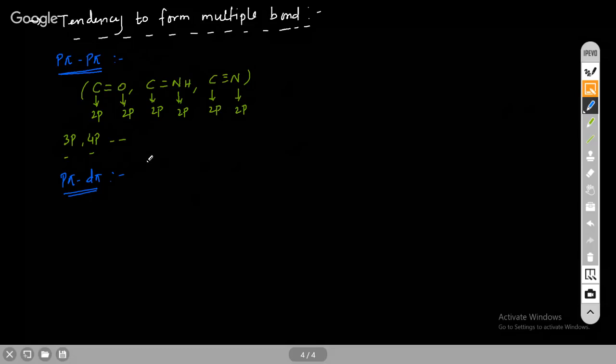Since carbon does not have d orbital in its valence shell, it does not form p-pi d-pi bond.